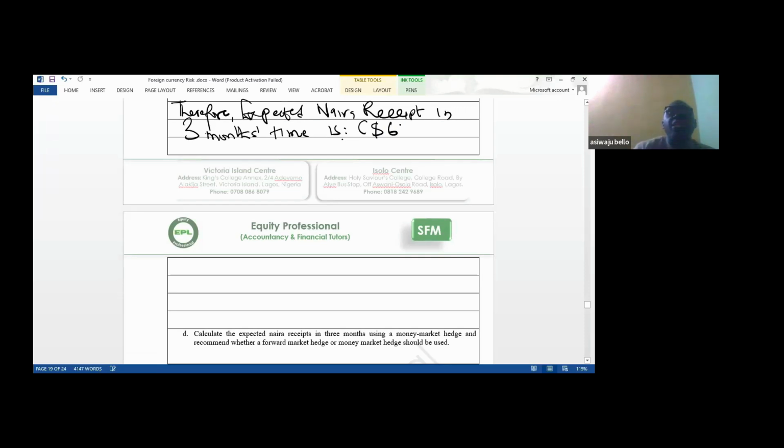Central dollar 6 million divided by 1.7850.